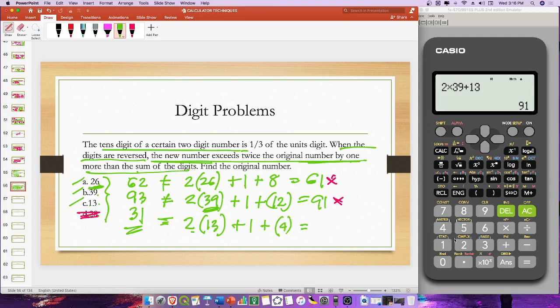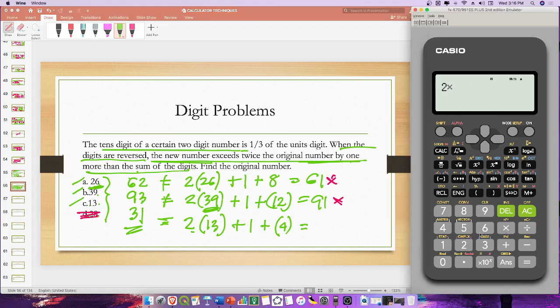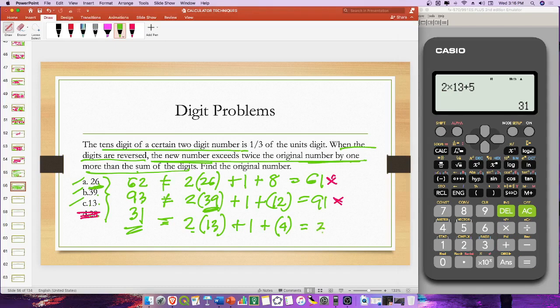Let's calculate using the calculator. 2 times 13 plus 1 and 4 is 5. Okay, there you go, that's 31. So this is correct. The answer here is C, 13. That's the original number.